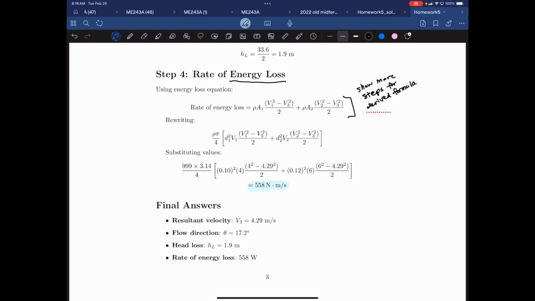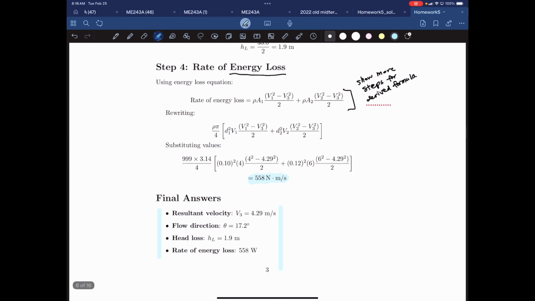Okay, and then I listed out all the values we found from this problem, and I could go over it again. So we can rewrite this, aka, as watts. That's why it's written like that.